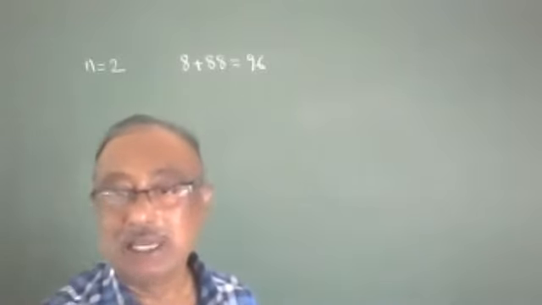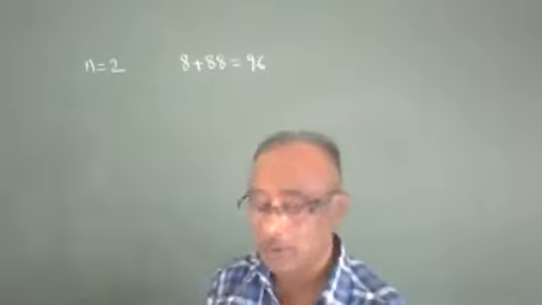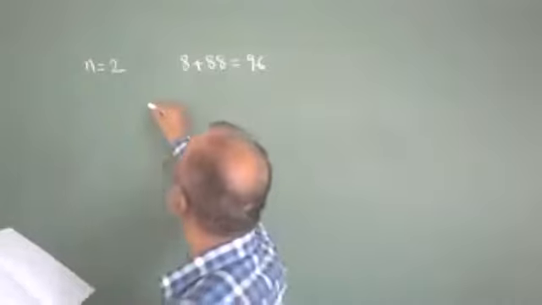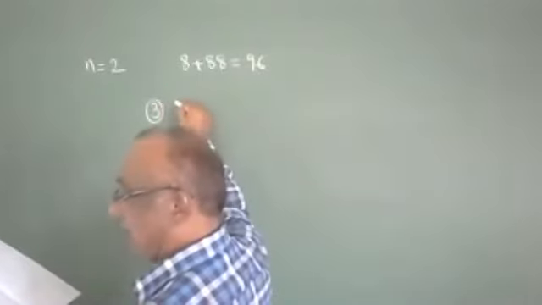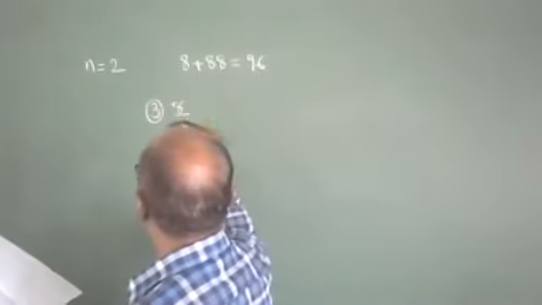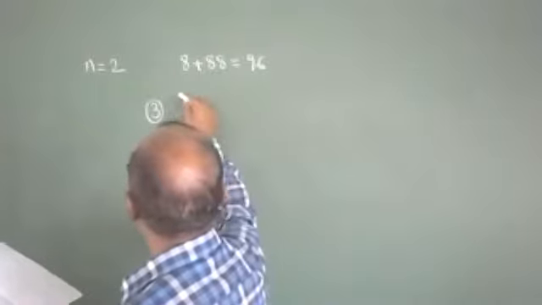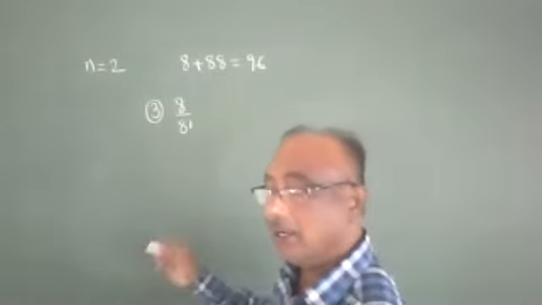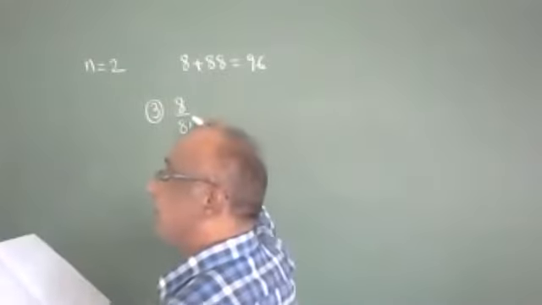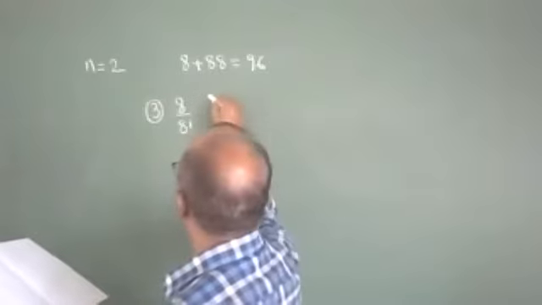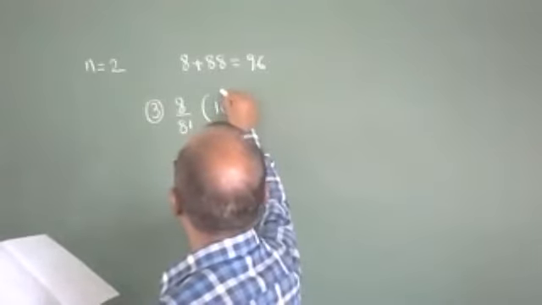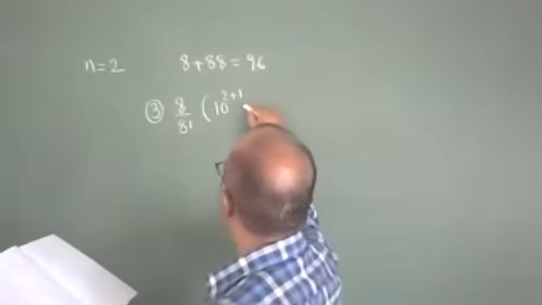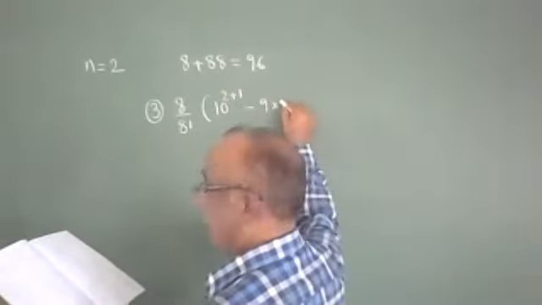It is clear, everyone? So now I am going to take the third option. See, the third option is 8 by 81 into 10 power of n plus 1 minus 9 into n minus 10.